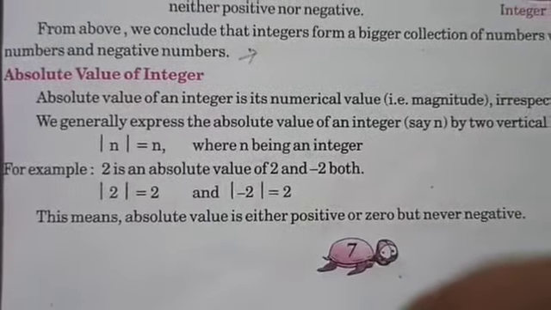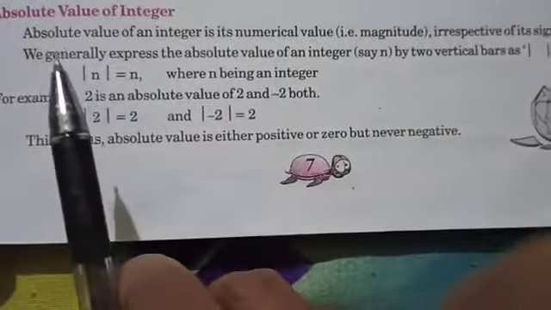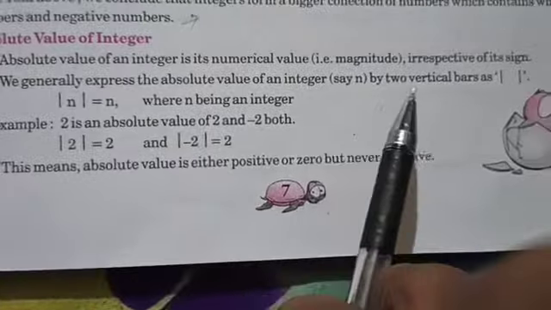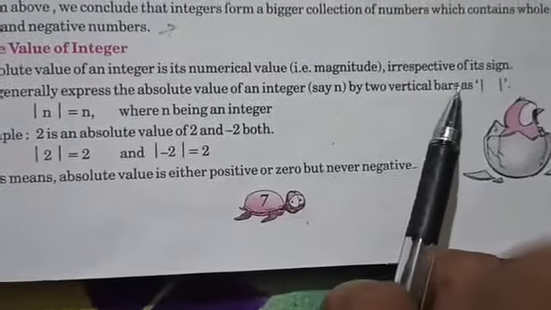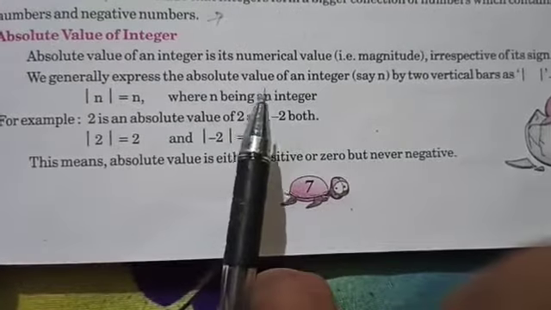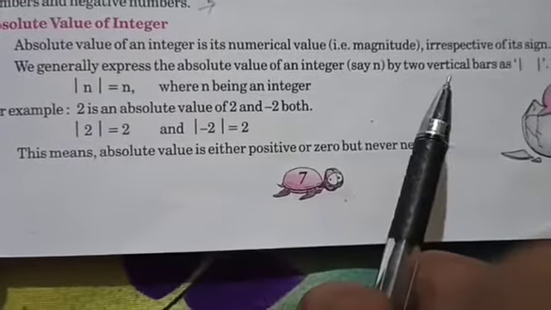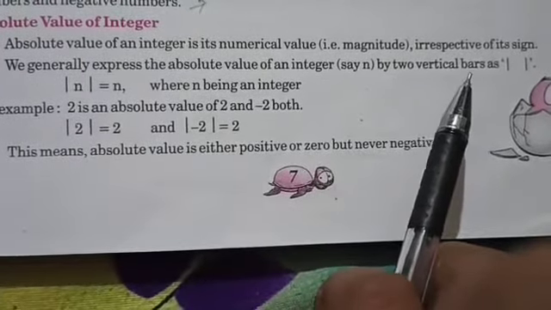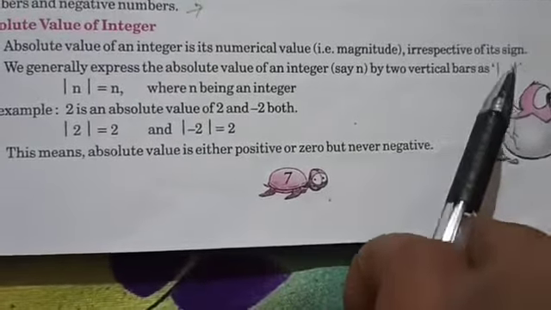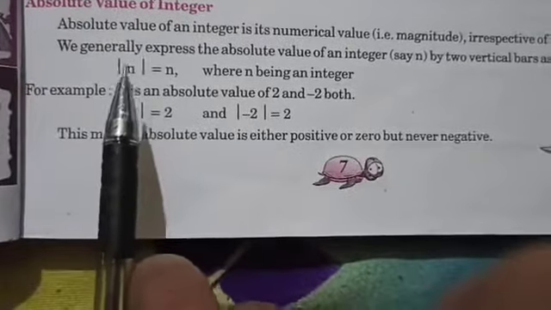Absolute value of an integer. So we are going to learn about the absolute value of an integer as its numerical value, that is magnitude, irrespective of its sign. We generally express the absolute value of an integer, say n, by two vertical bars and n.